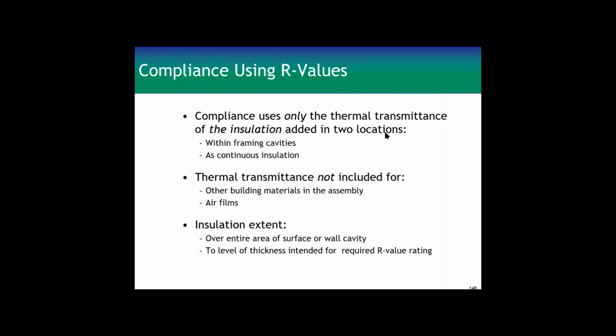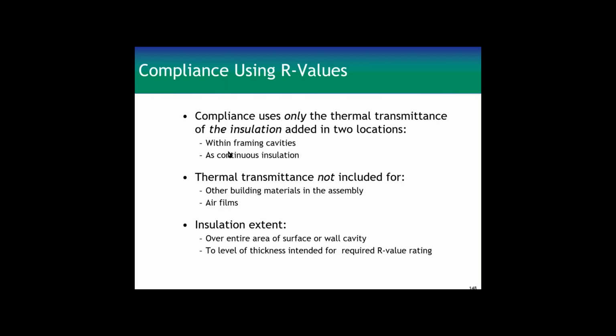The R values are generally in cavities and continuous insulation outside that, unbroken insulation. Now, thermal transmittance is not included for the building materials and for other parts of the assembly.